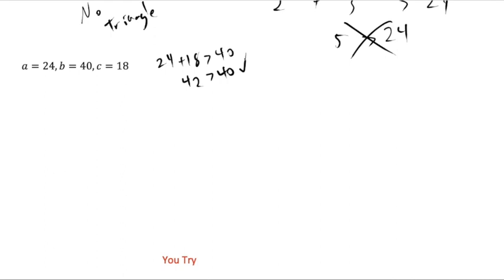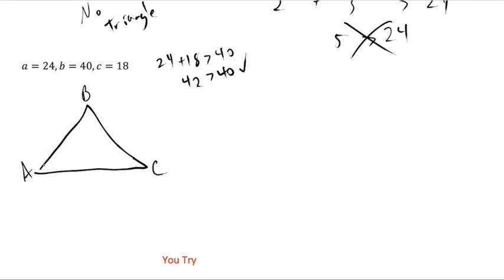Now I just need to solve for the triangle. Since I'm given a bunch of sides, I'm going to start by drawing some kind of triangle. This is going to be A, this will be B, this will be C.